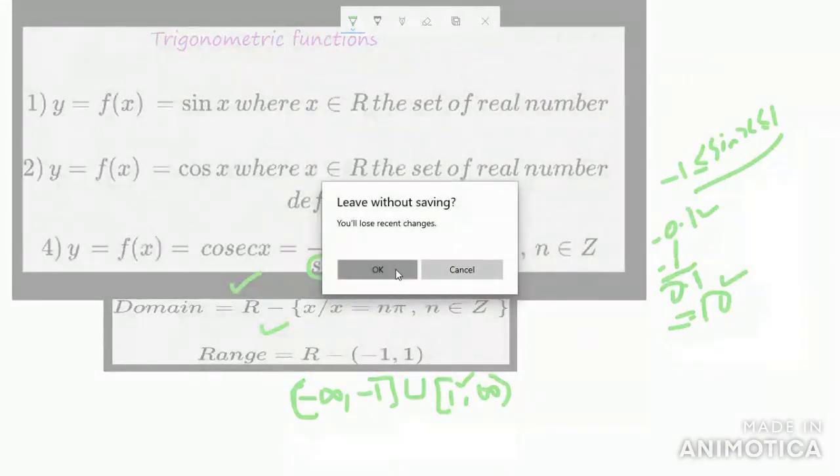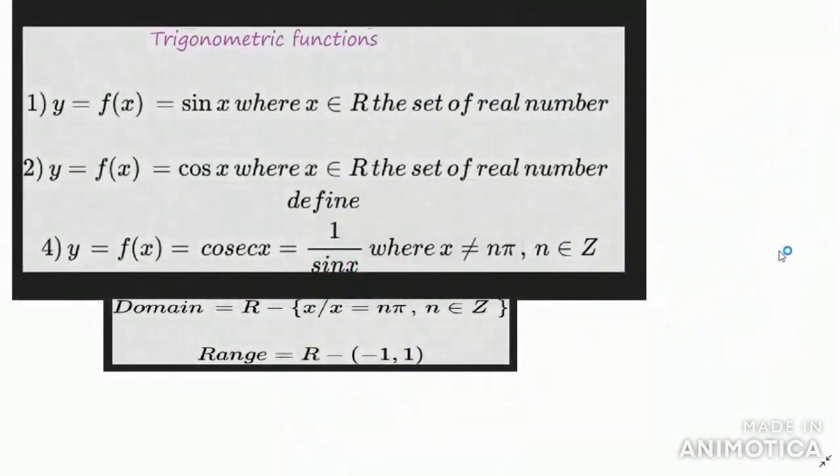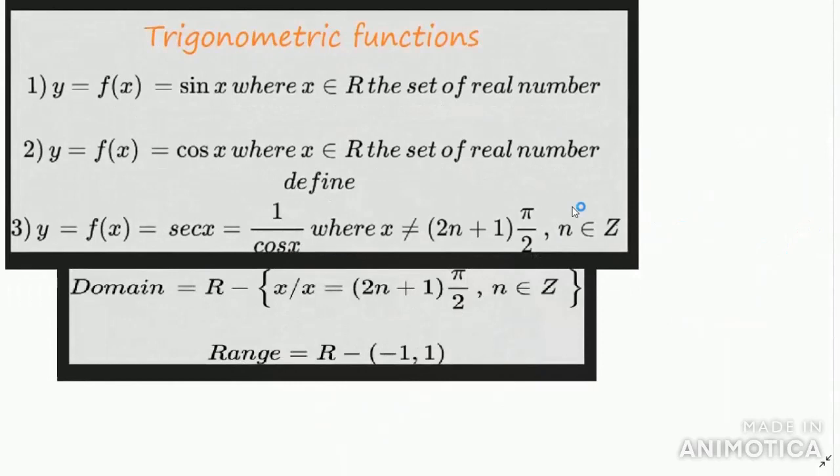Similarly, we have the other two trigonometric functions. Sec x is defined as 1 by cos x, and cos x is 0 when x is equal to (2n plus 1) times pi by 2.